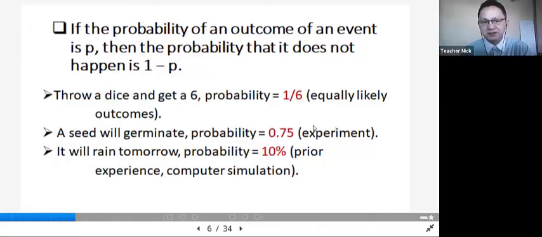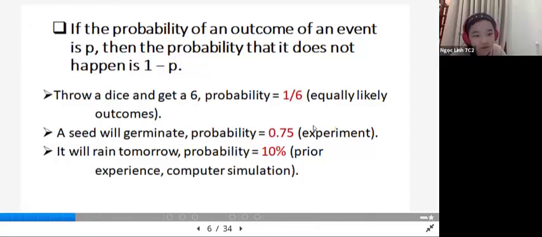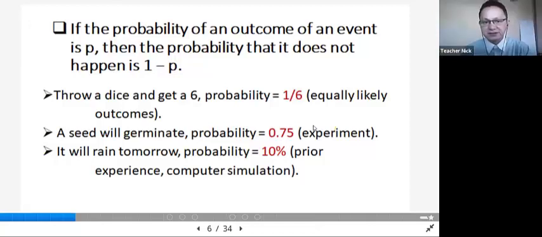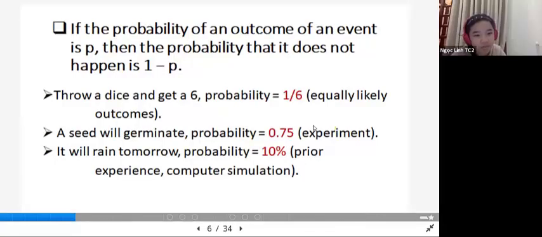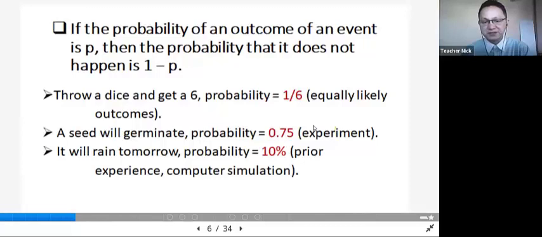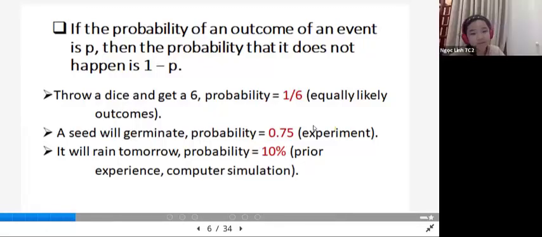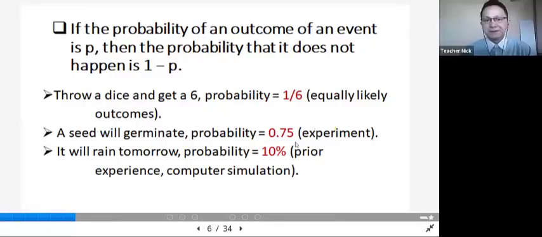Throw a dice and get 1/6. It's a fraction. The second one is in decimal. And the third one is percent. That means probability can be given as a fraction, as a decimal, or as a percent.